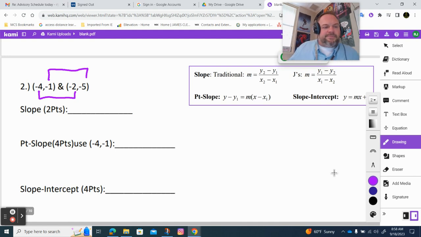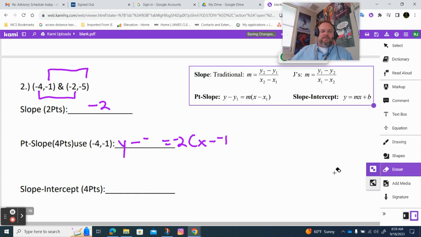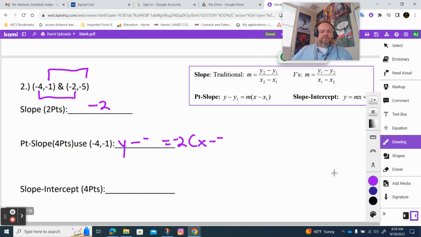After you do this, you should get -2 as your slope. Now, y minus negative 4 equals negative 2 times x minus negative, whoa, got them backwards. 1 and 4.